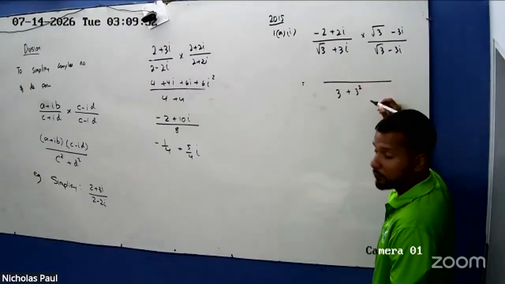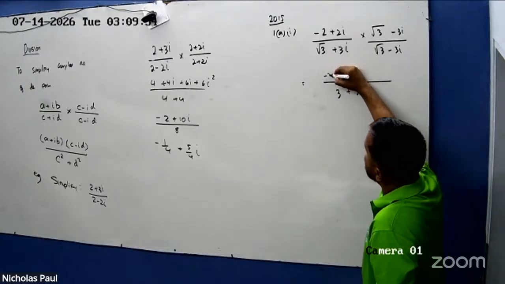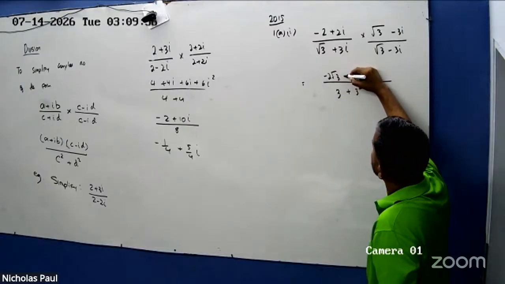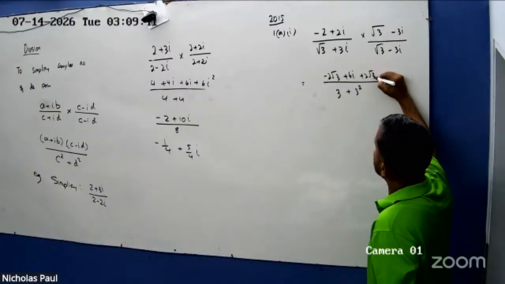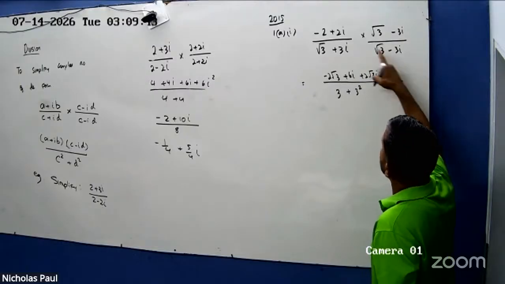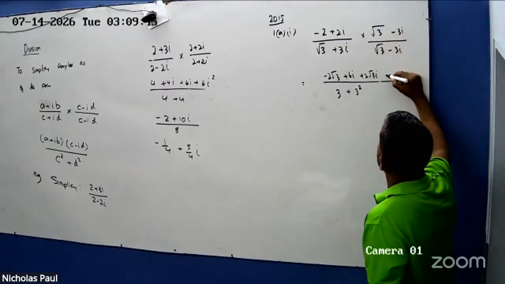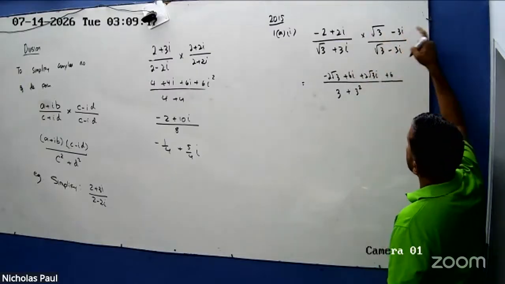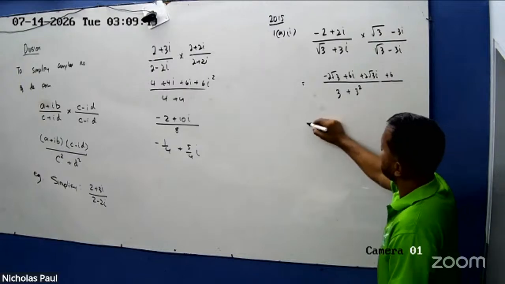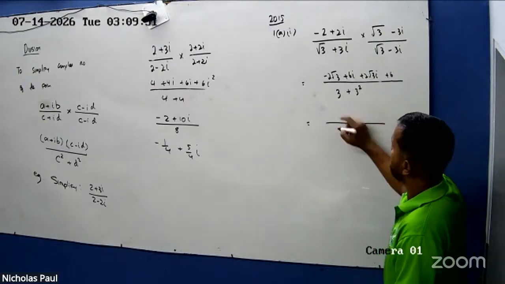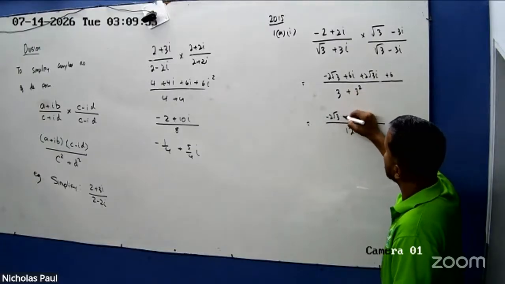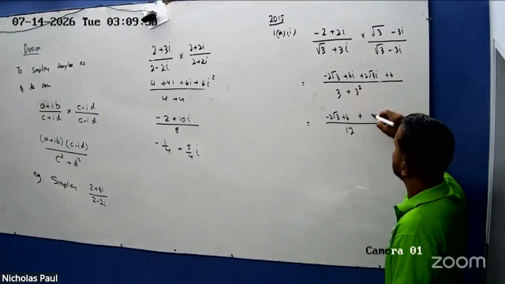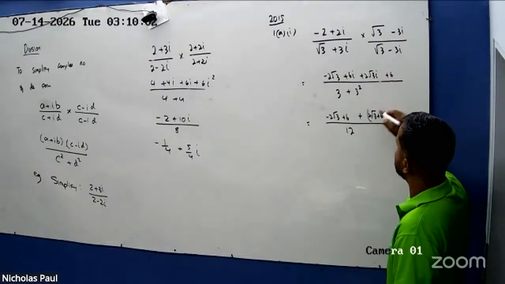Your numerator is minus 2 root 3 plus 6i plus 2 root 3i plus 6i by i is i squared, and that's a minus sign. So your denominator is 9 plus 3, which is 12. Your numerator is minus 2 root 3 plus 6, and here we have 2 root 3 plus 6i.